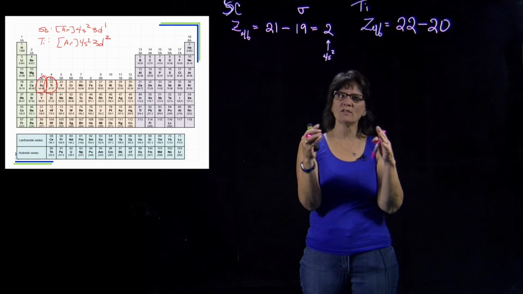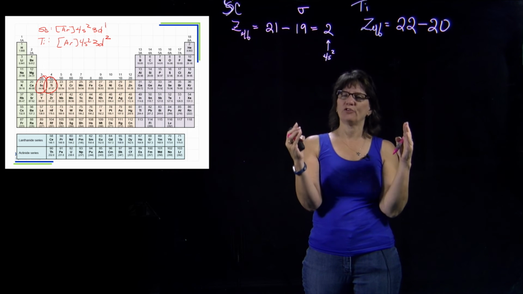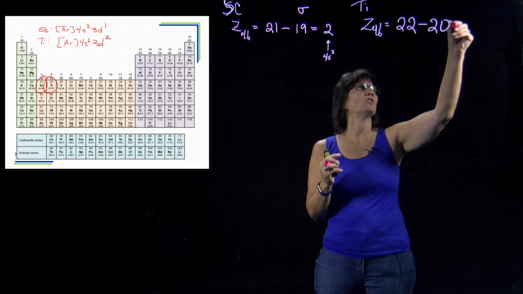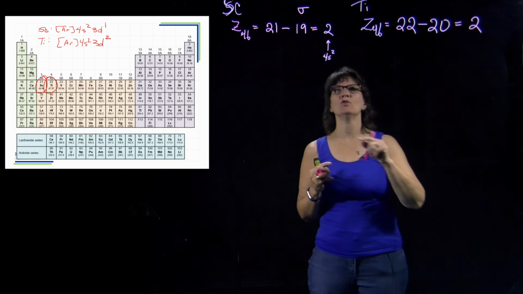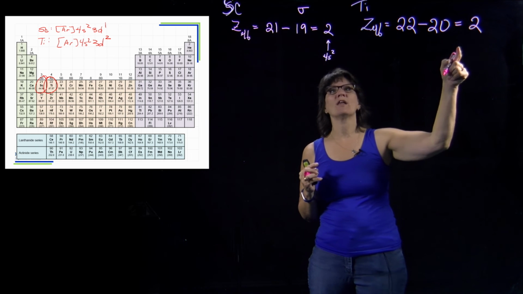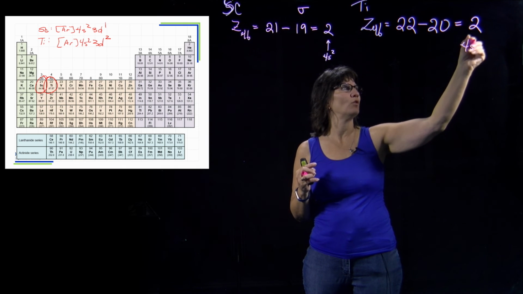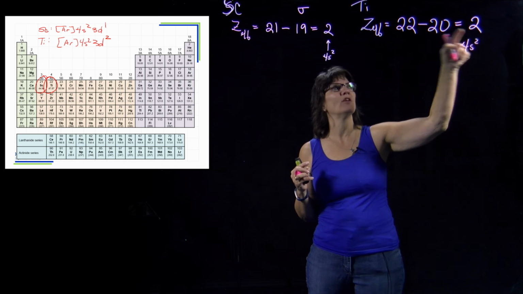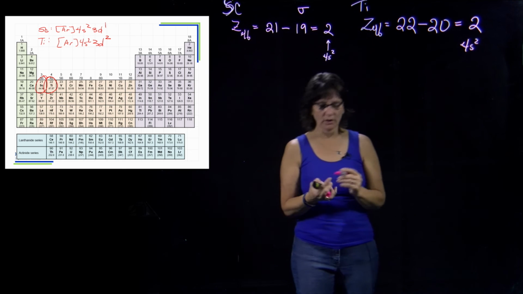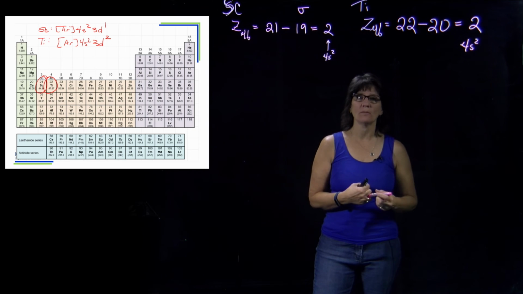All of the electrons up through argon are shielding, plus the 2 more in the D, and this is going to give me an effective nuclear charge of 2. So these electrons in the 4s, it's still the 4s2, are feeling a +2 pull to the nucleus, and so it's not changing.